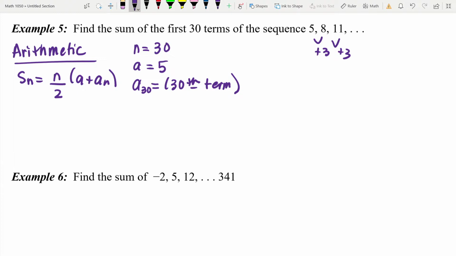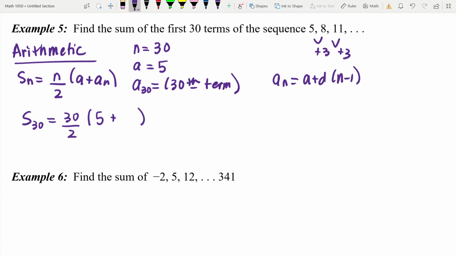I'm going to start setting this thing up. Everybody go: the sum of the first 30 terms is n, which is 30, divided by 2, first term is a 5, plus the 30th term. I don't know the 30th term. How am I going to find the 30th term? Use the other formula. Yep. So everybody write a sub n equals a plus d times n minus 1.